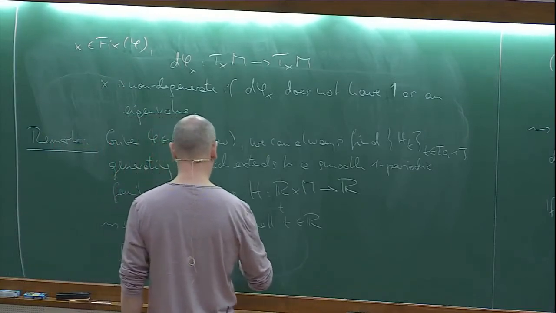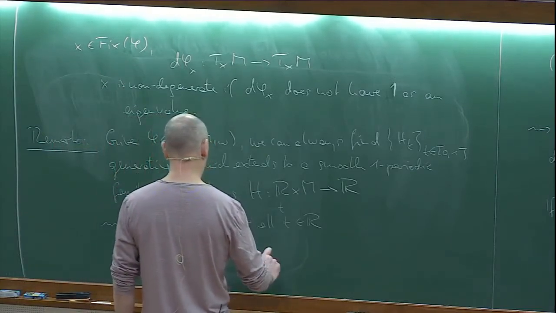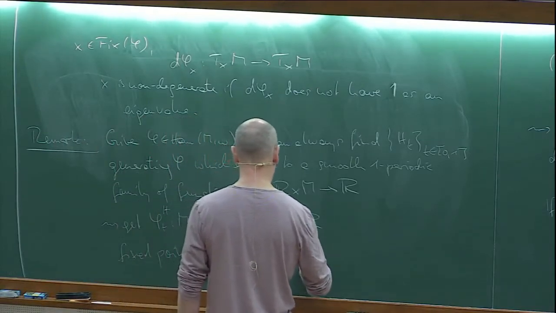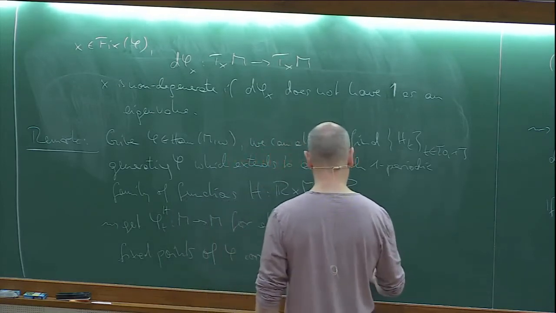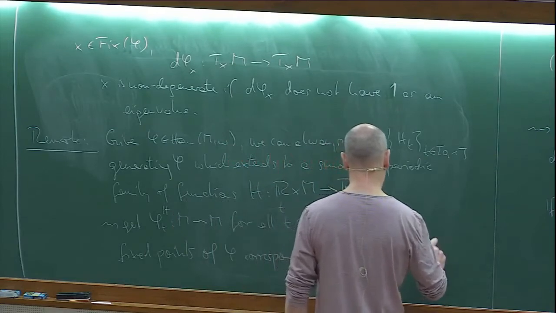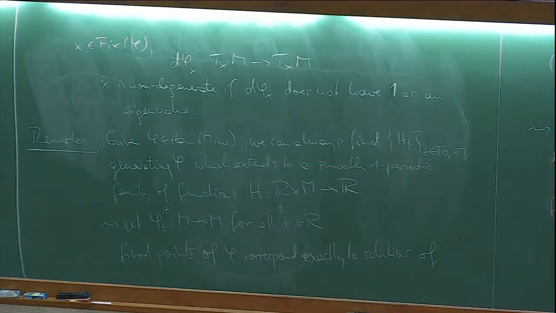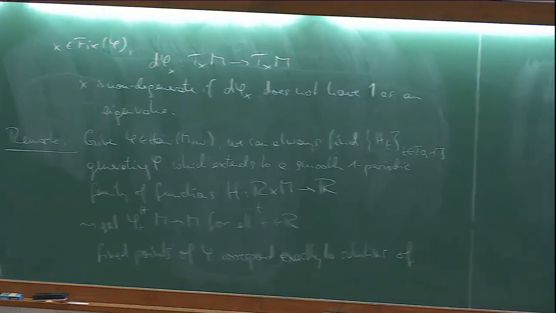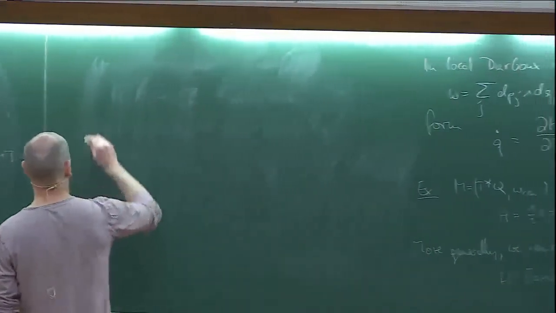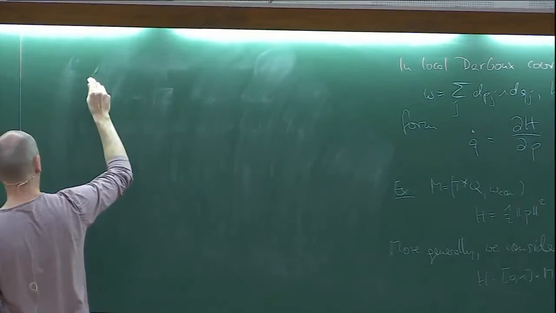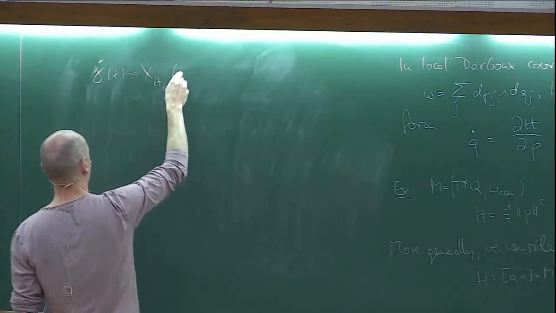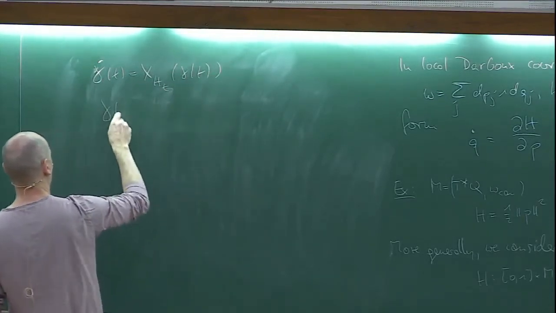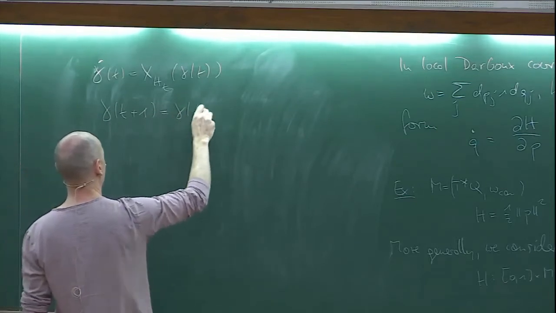Fixed points of phi correspond exactly to solutions of the following system. Gamma dot of t should be X_{H_t} of gamma of t, and gamma of t plus 1 should be equal to gamma of t.